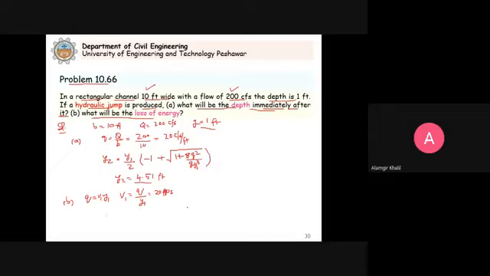Similarly, we can calculate V2, that will be equal to q divided by y2. We already calculated y2, so this will be equal to 4.43 foot per second. Clear? Now your HL, so HL due to the hydraulic jump, HLJ, that will be equal to E1 minus E2.